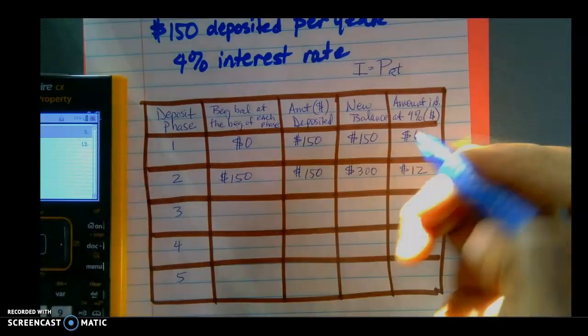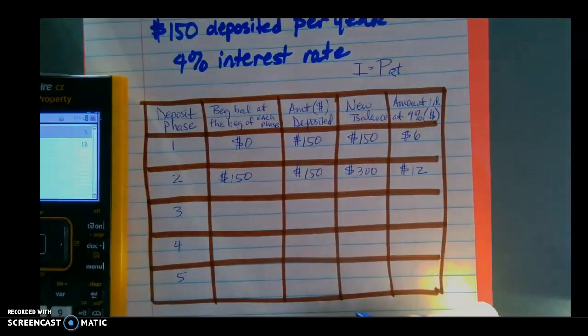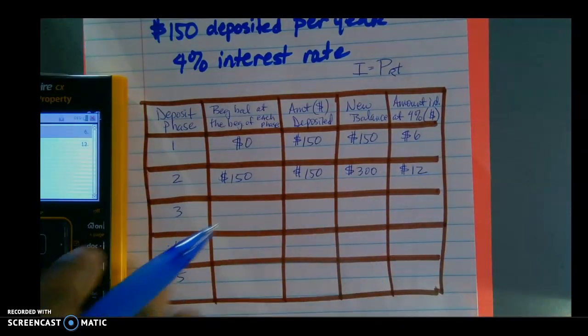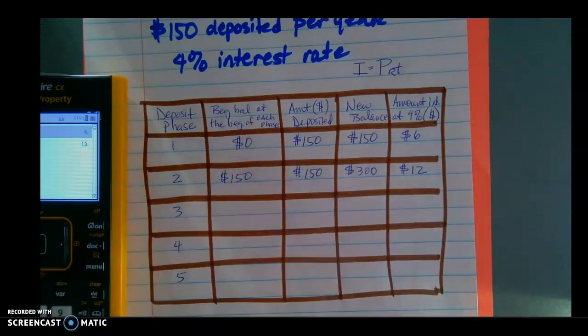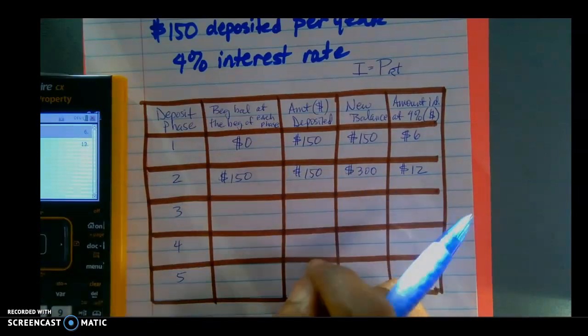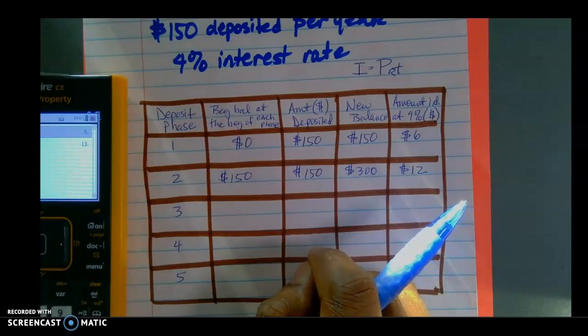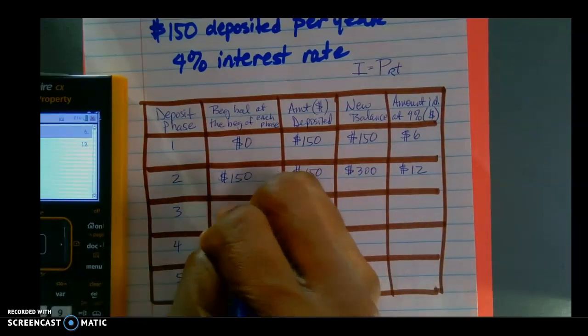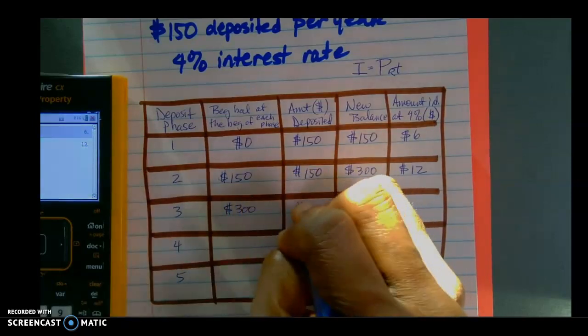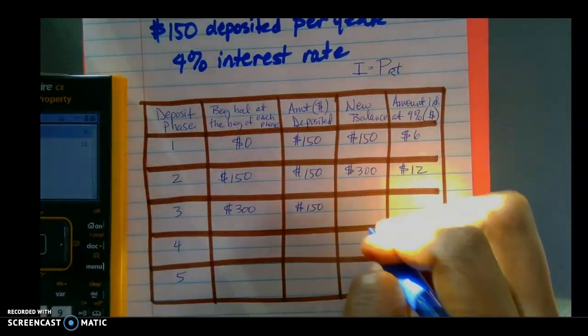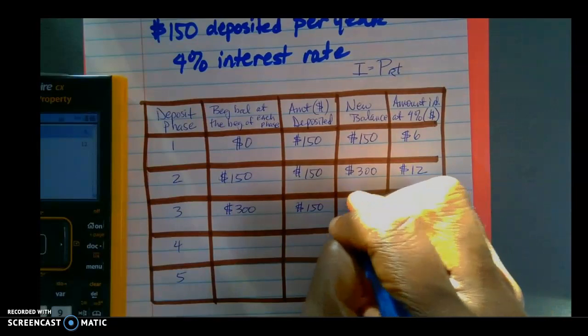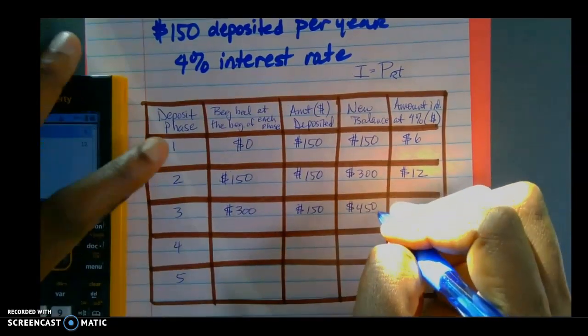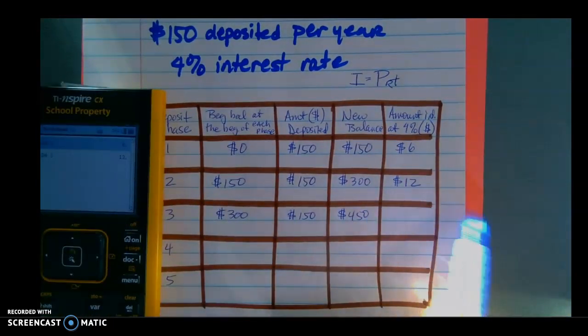Now, at this moment, we can pretty much see what the pattern is going to be. I'm going to continue to multiply for this third one, but we'll see that every year $6 is being added. I just want you to get the hang of it. What's the beginning balance of the new phase? It's going to be $300 as well. She walks in on her birthday, deposits another $150. Her balance now becomes $450. So remember, the bank is sending her this money.